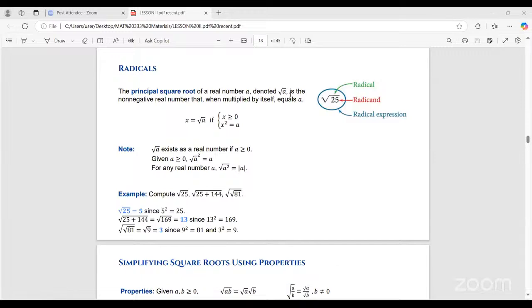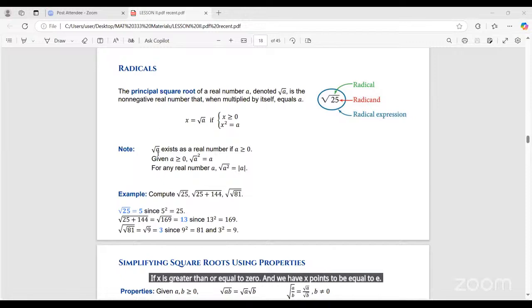The principal square root of a real number a, denoted by the square root of a, is the non-negative real number that when multiplied by itself equals a. We have the radical, the radicand, which is 25, and together we call it the radical expression. If x is equal to the square root of a, then x is greater than or equal to 0 and x squared is equal to a.